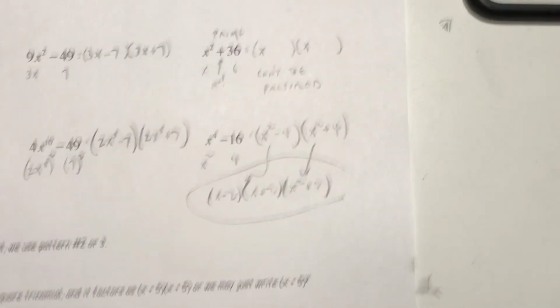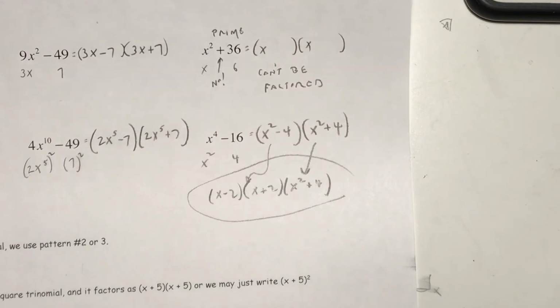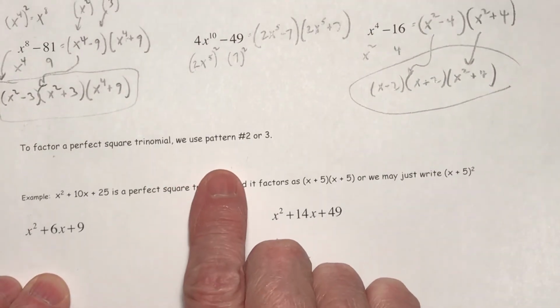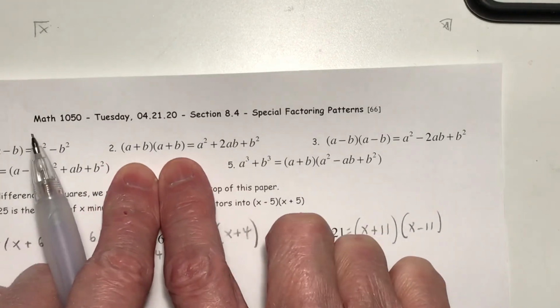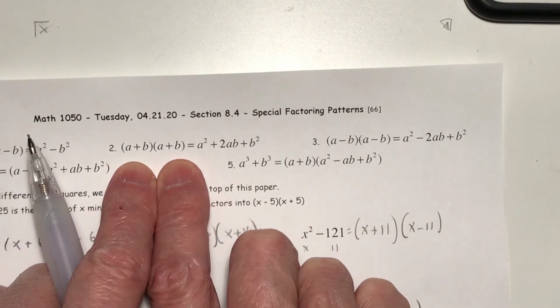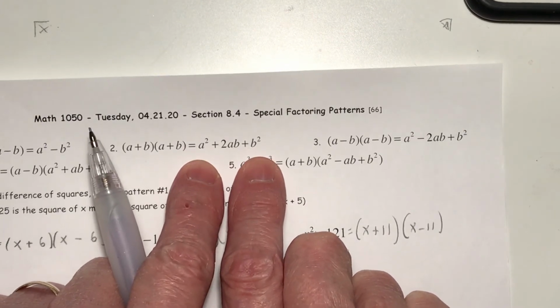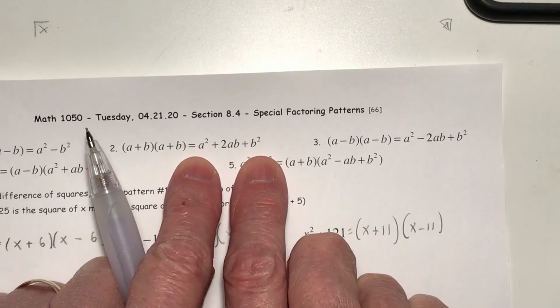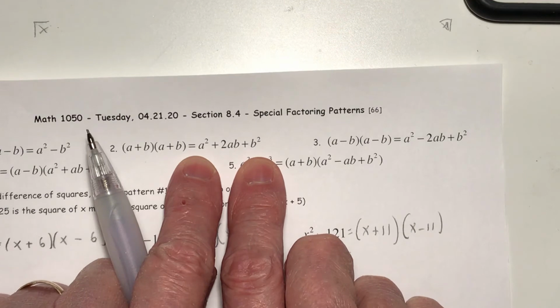That takes us to the bottom of this page where we have another factoring pattern. Perfect square trinomial, which is number 2 or 3 at the top of the paper. Let's take a quick look at those. If you see in your exercise, in your trinomial, what's hidden: do you have the square of something and the square of something at the beginning and the end?